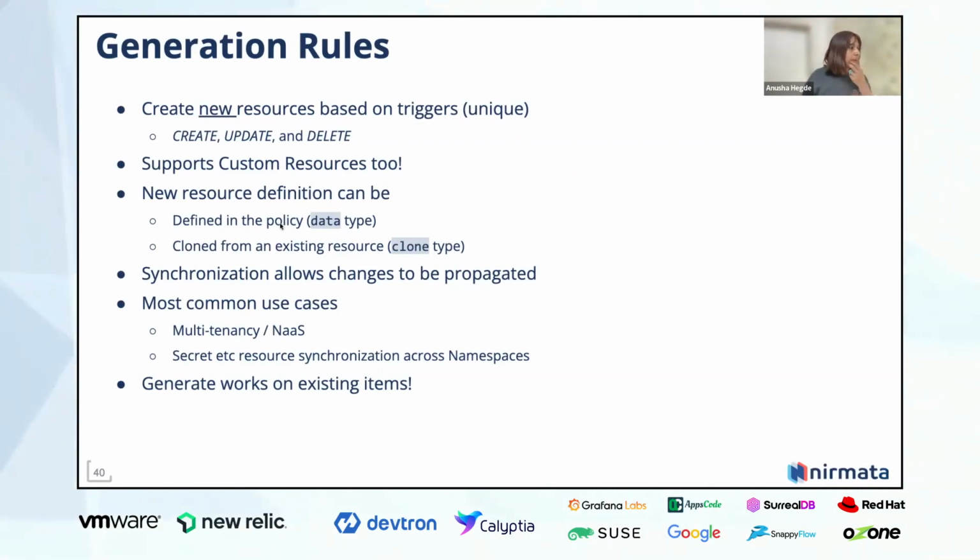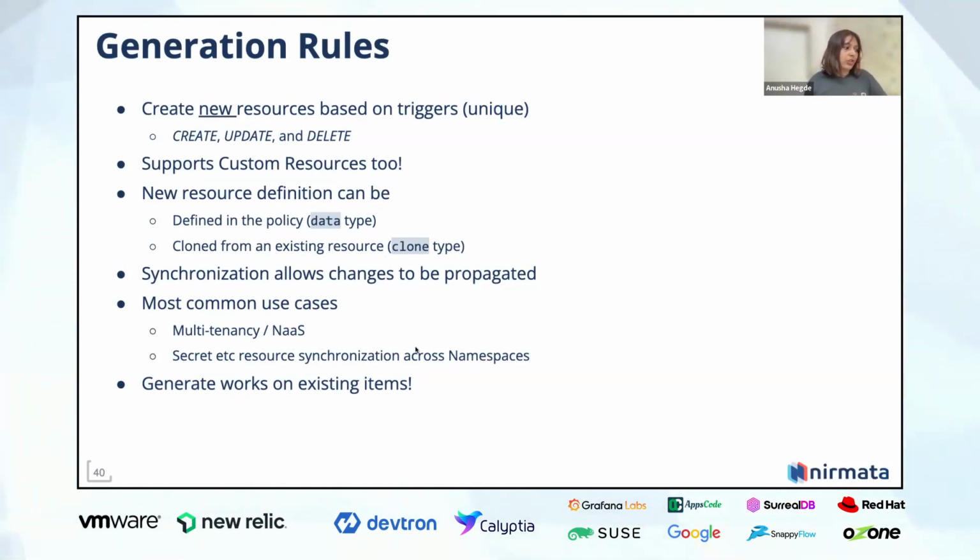Your resource definition can be defined in the policy, or you can also clone from an existing resource. If a resource already exists, you can just clone whatever already exists. You can sync different resources, and the most common use case is multi-tenancy or namespace as a service. You can also synchronize secrets across namespaces.